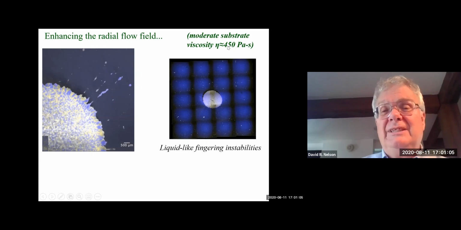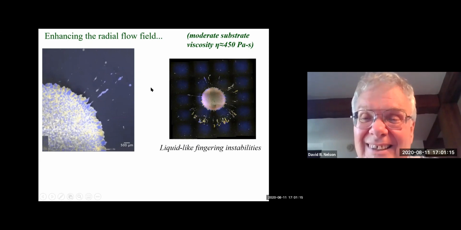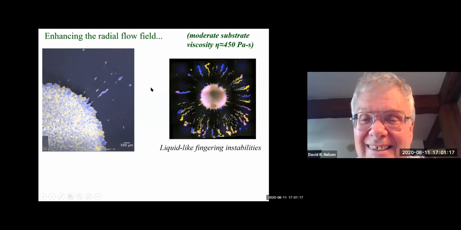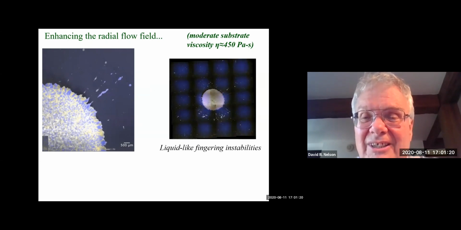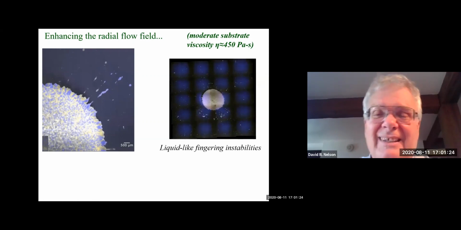And if I drop the viscosity down to 450 Pascal seconds, so that's about 75% of what I showed you in the initial experiment, I get something like this. You can see that the colony sort of explodes.